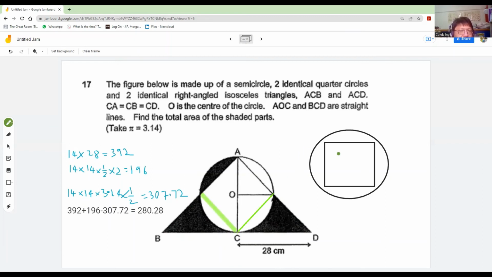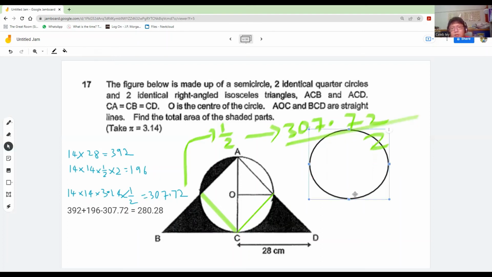All of us can find the quarter circle. Very easy, because we already found a circle actually, and we found half a circle. So this is half a circle. To make it a quarter, we need to take this and half it further. So we half it further, what do we get?